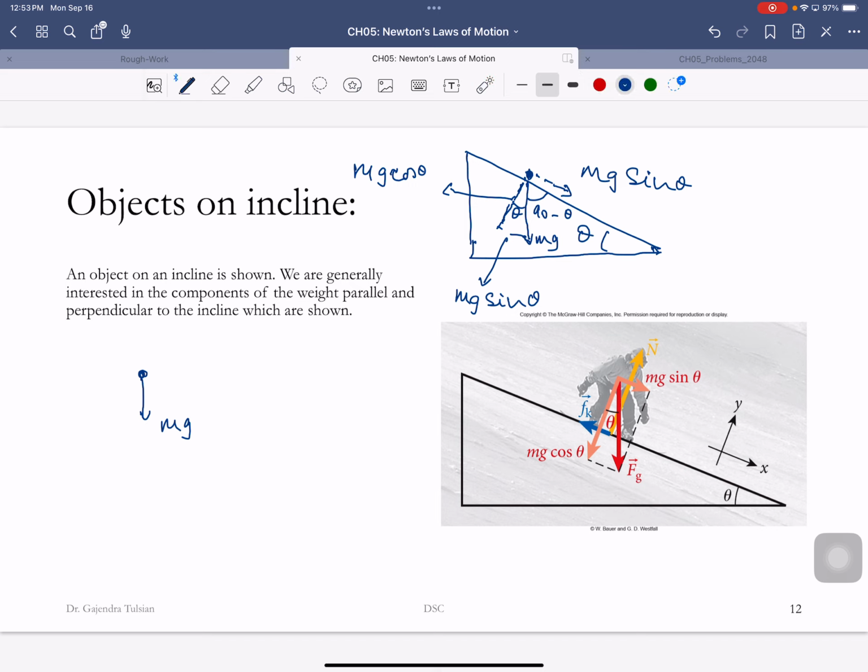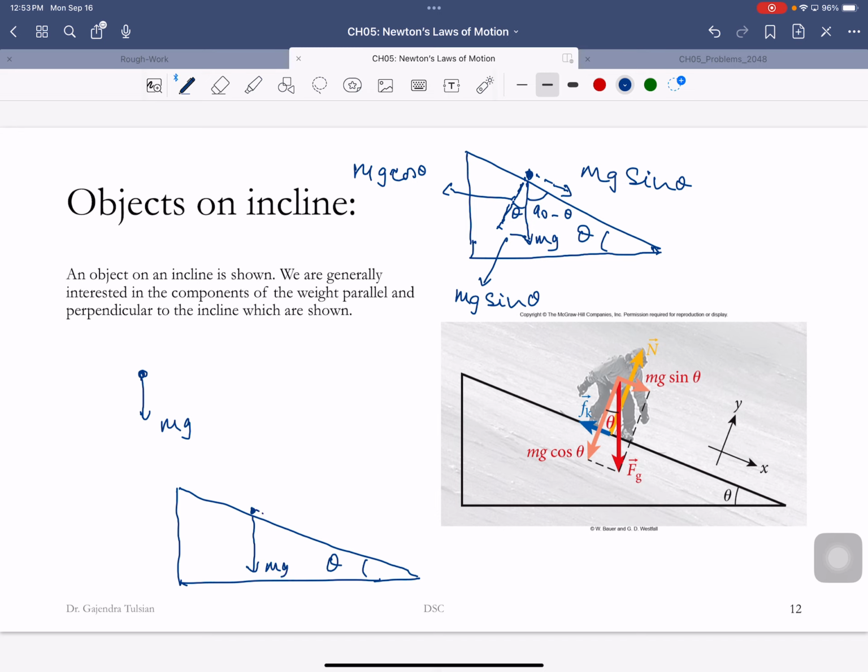All right, so again, let me clean up the diagram. And now this is all frictionless surface. Later on we'll add friction to it. So here's an object. There's the force of gravity acting on it.